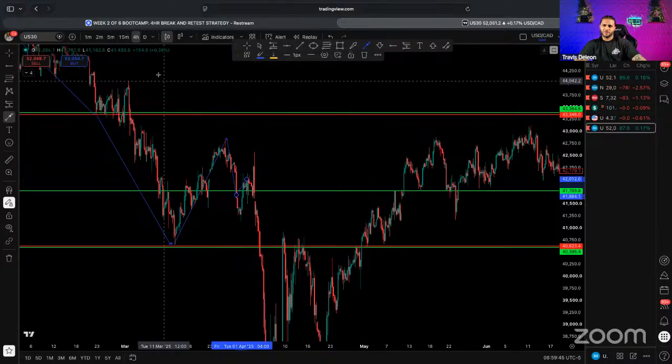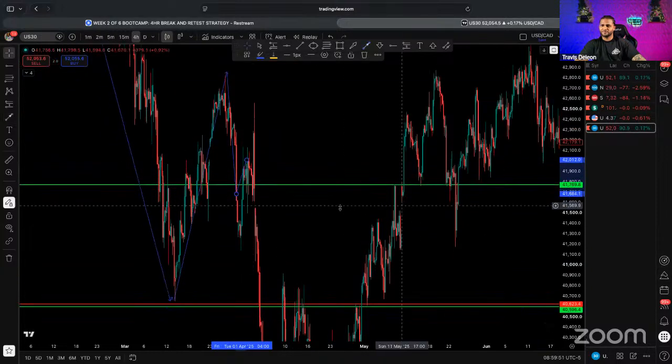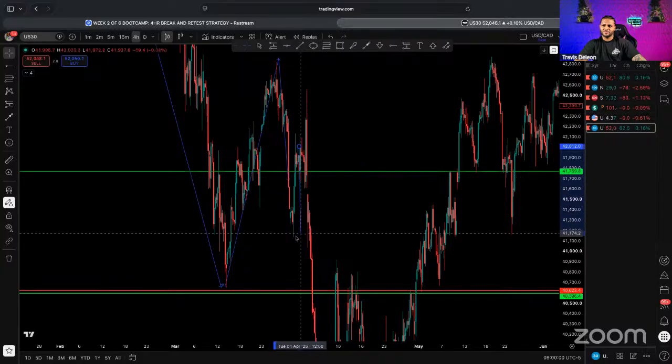That's what I'm looking for. So I'm getting in right here as soon as price breaks under. I'm not looking to sell down here anymore. I'm looking for buys above these levels.